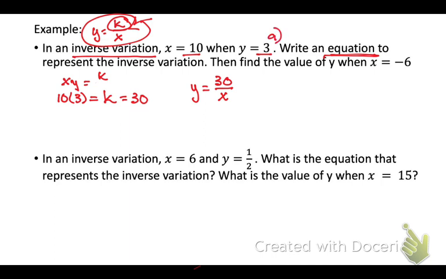There's A. And B says find the value of y when x is -6. So what am I going to do? Plug in -6. So I have y equals 30 over -6. So y equals -5.